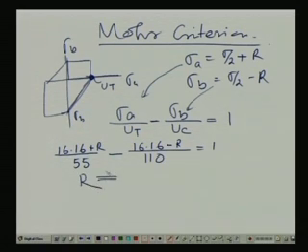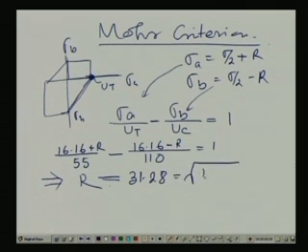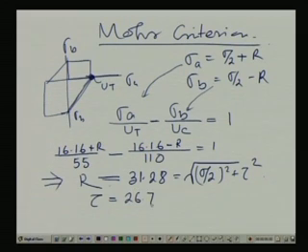This gives R equals something like 31.28, and that equals the square root of (sigma by 2) whole square plus tau squared, and we get tau equals 26.78 megapascal.